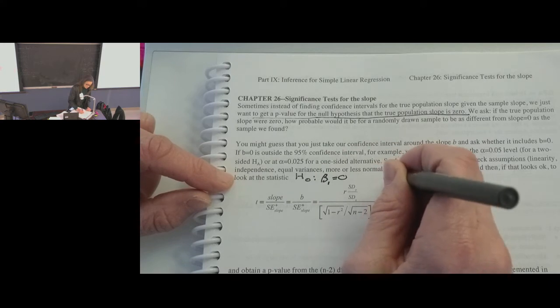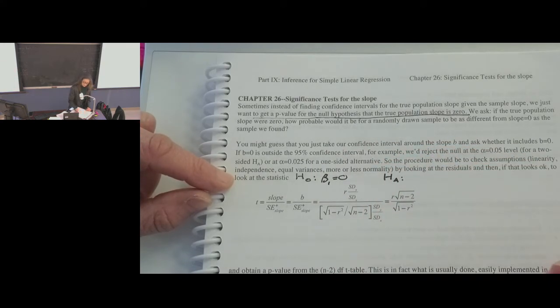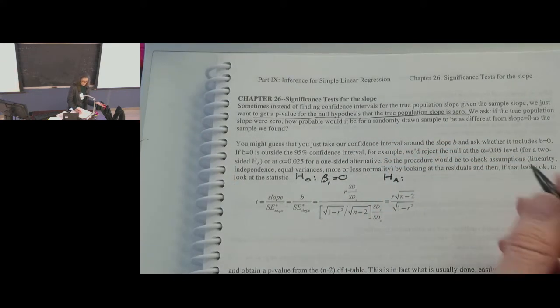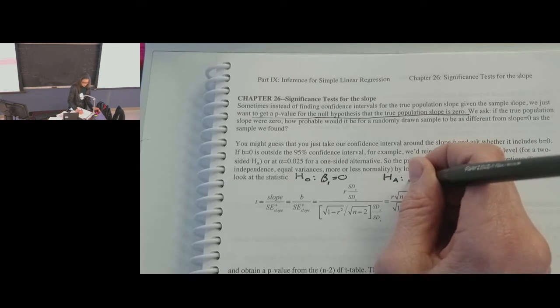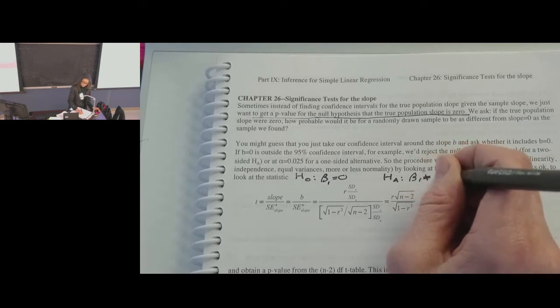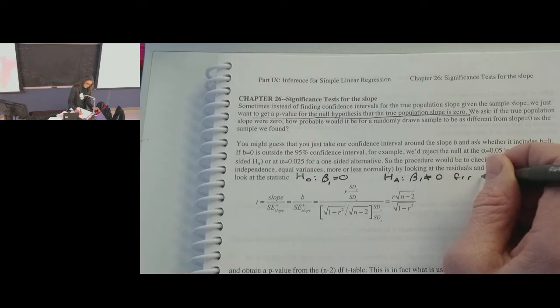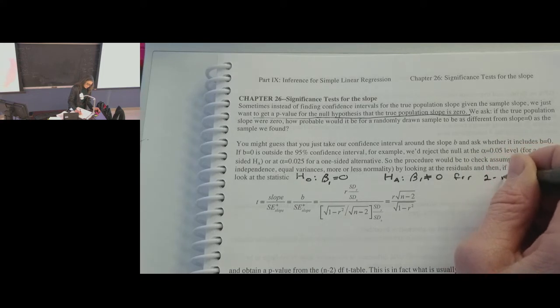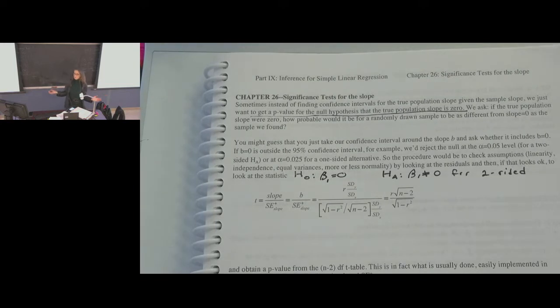And then we have alternative hypotheses that can either be two-sided or one-sided. For two-sided, it would be beta 1 is not equal to 0. For the relationship between drinking and GPA, it would probably be one-sided: beta 1 is less than 0.